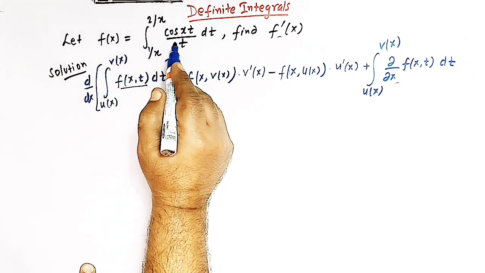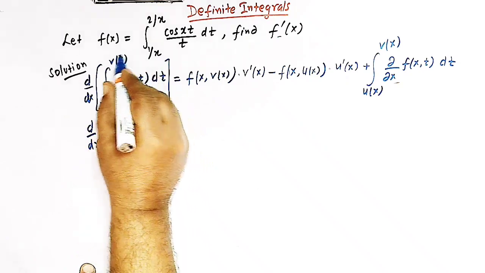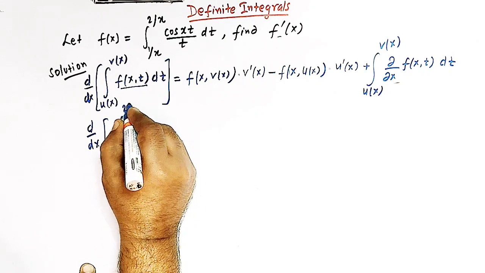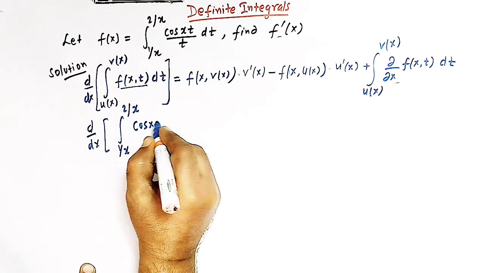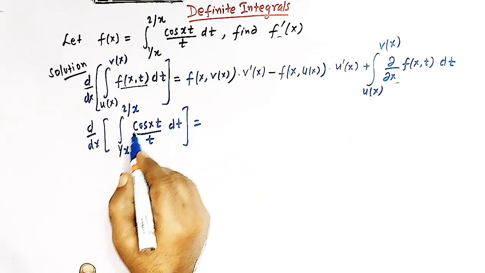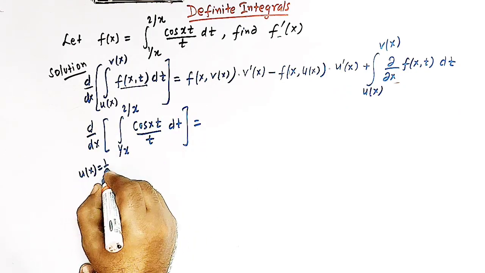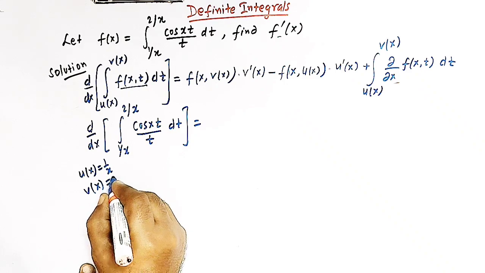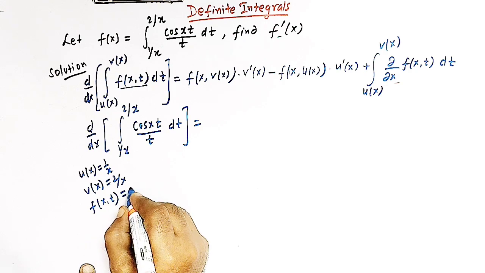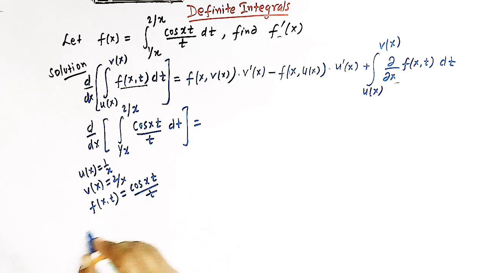and let us see how we can apply this rule to get the derivative of this integral. So we'll write now d by dx, and here for this integral we have this one, so we have the integral from 1 over x to 2 over x of cosine xt divided by t dt, and if we compare this integral with this one, then u of x is 1 over x, v of x is 2 over x, and f of x comma t is given by cos xt divided by t, right?